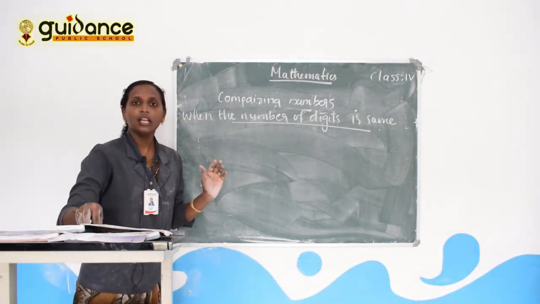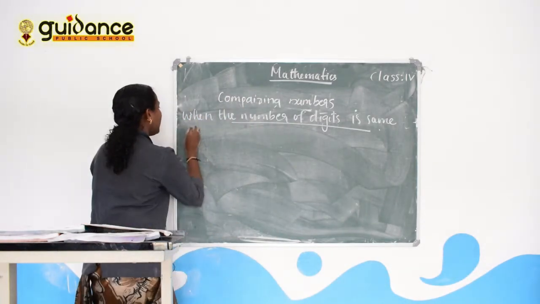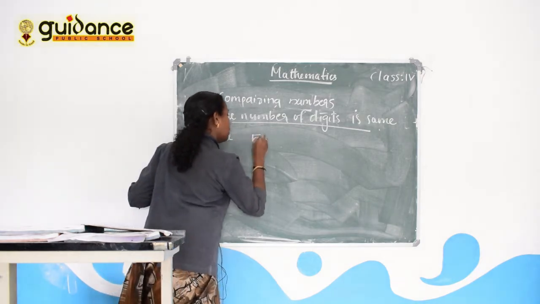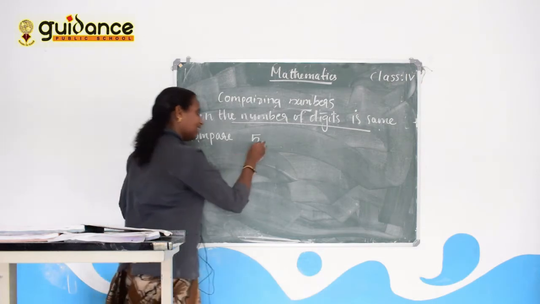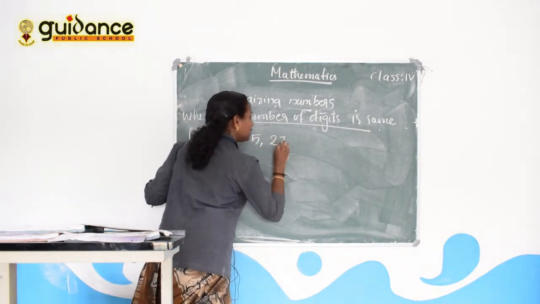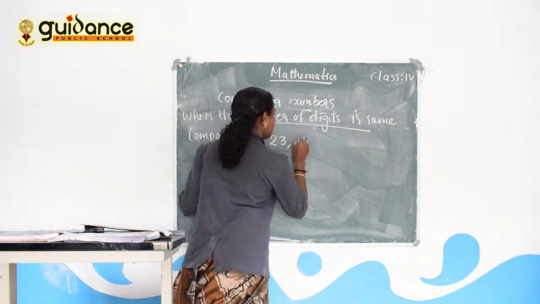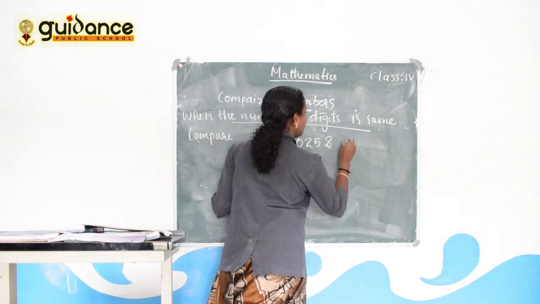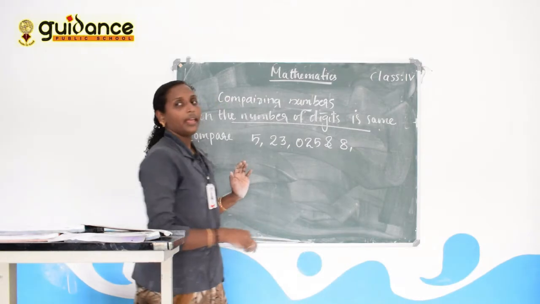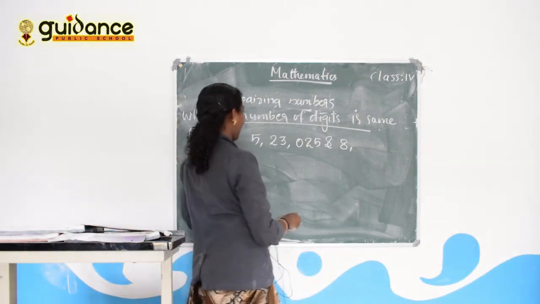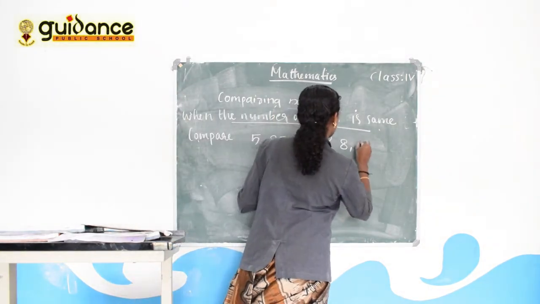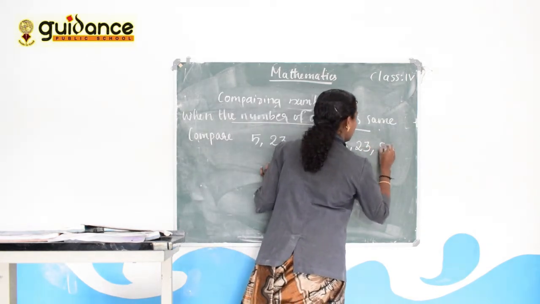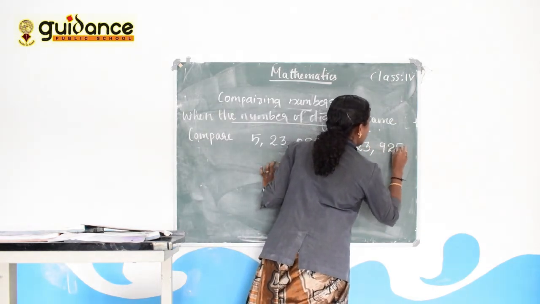Look at the first question. Compare 5,23,025 and 8,23,925.